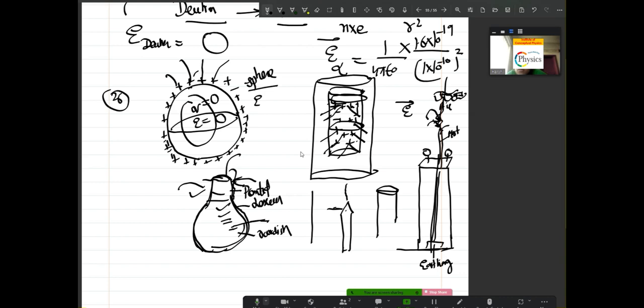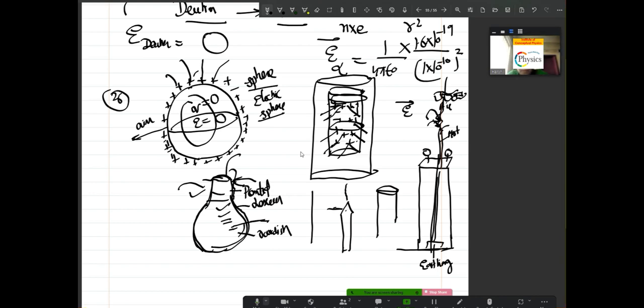The electric field on the sphere, if it becomes greater than the value of electric field which the air can tolerate around it, air has a tolerance for electric field beyond a certain value. If your electric field goes up, air no longer remains an insulator.